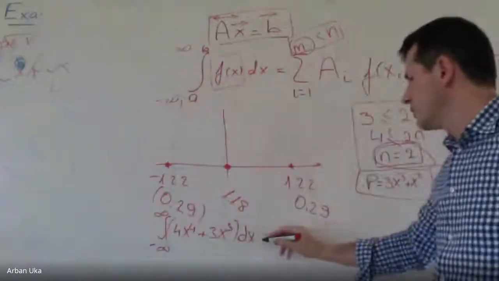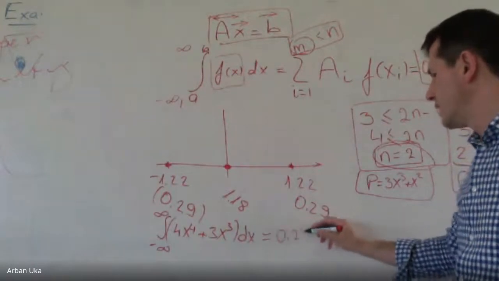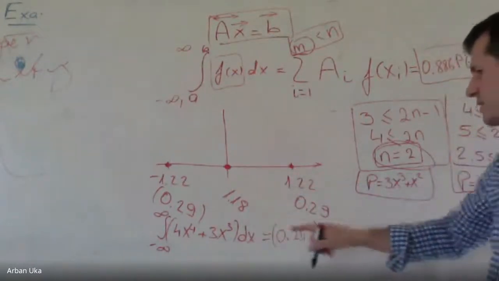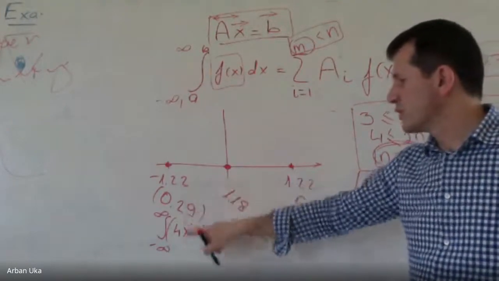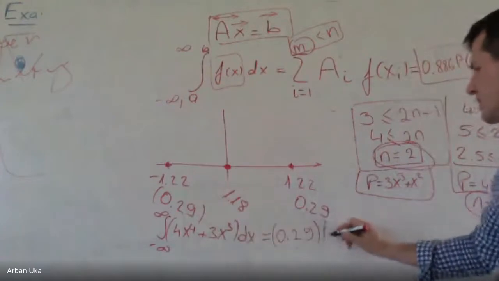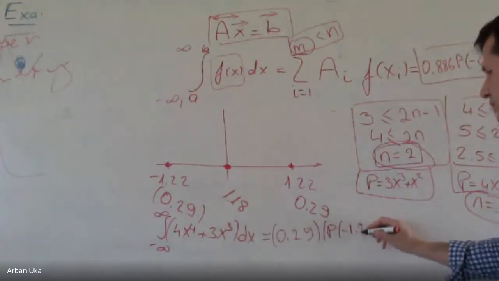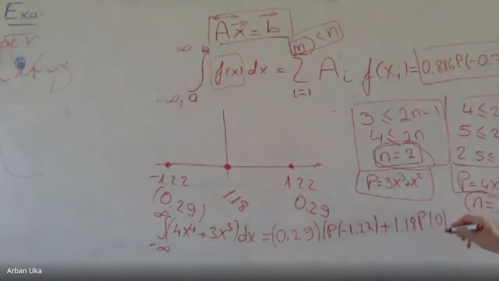Then this would be equal to 0.29, which is the coefficient, times the polynomial evaluated at minus 1.22. We substitute this minus 1.22 here. Plus 1.18 times the polynomial evaluated at 0.